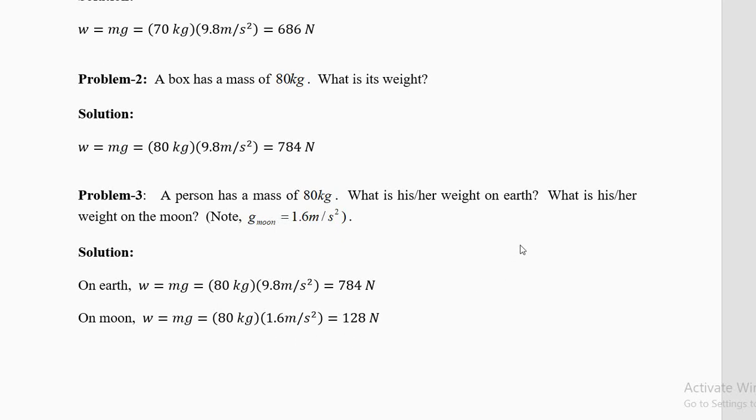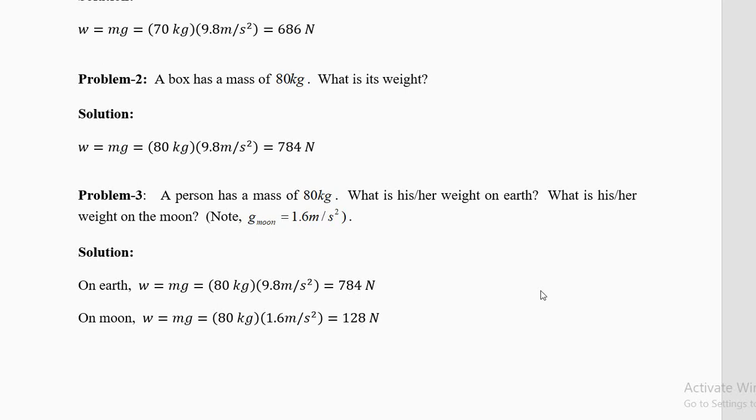See, the gravity on moon is 6 times less than earth. 9.8 divided by 6 will give you 1.66. So the gravity on the moon is much less, so the weight of a person will be only 128 newtons on moon, and on earth it will be 784 newtons.